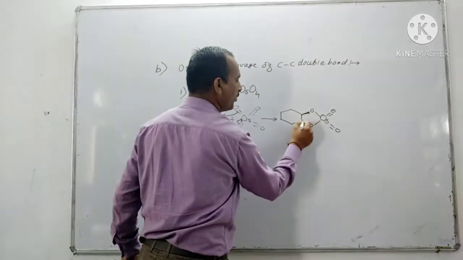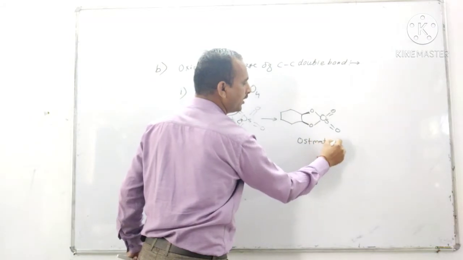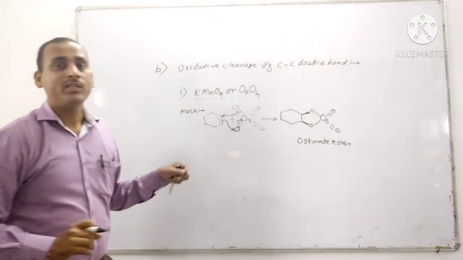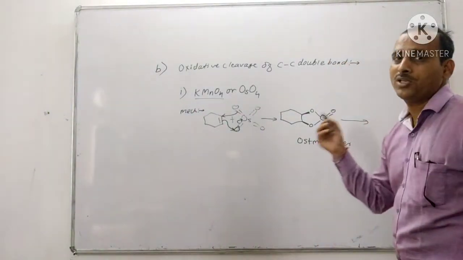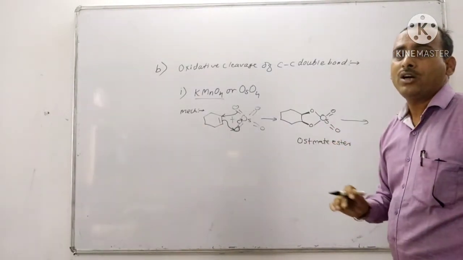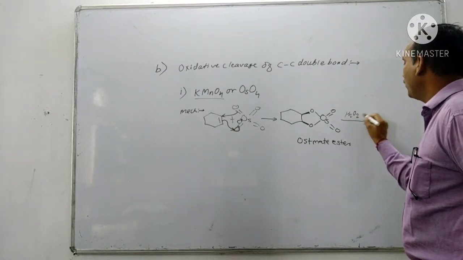So syn addition to form such type of osmate ester is again an intermediate, and in another condition by using H2O2 or sodium bisulfite or N-methyl morpholine peroxide.